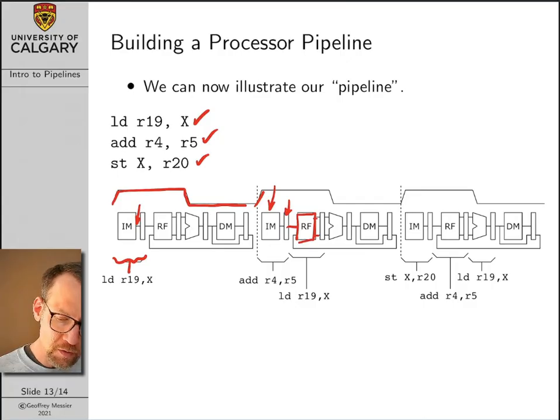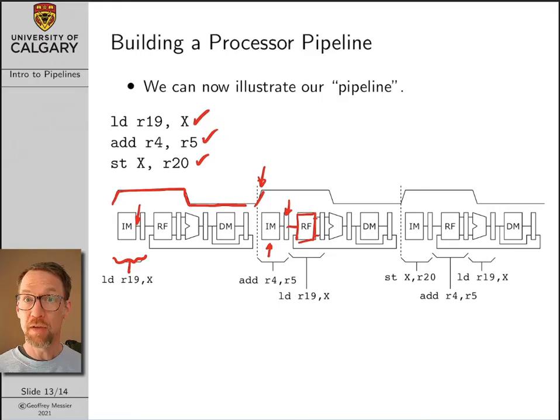So what we're going to do now is, on the rising edge of our second clock cycle, we're going to let the instruction memory go ahead and fetch the machine language code for the next instruction. So it's going to start working on the add command while our register file is still reading the register values for our load command. Is this a problem? It's not, right?